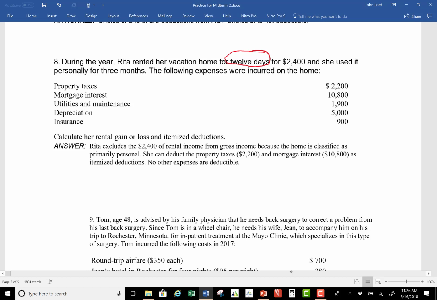They do not make her include the $2,400 as income, right? She can exclude that, okay? The property taxes she can take as an itemized deduction, because the rules for itemized deductions, at least right now, for tax was what? For state and local tax, to take them as an itemized deduction, right?